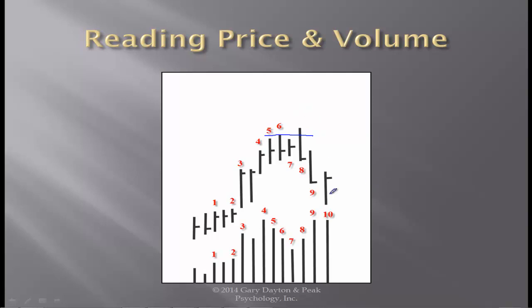Okay, and then on bar 10, we got a little oversold down here, and we see that we have an up bar, right, closing above the close of the previous. It's also closing on its highs, and it's also a widespread on high volume. So demand is trying to come back into the market, not surprisingly, because we saw demand or buying over here, and this is also a bit of support, or should be a bit of support.